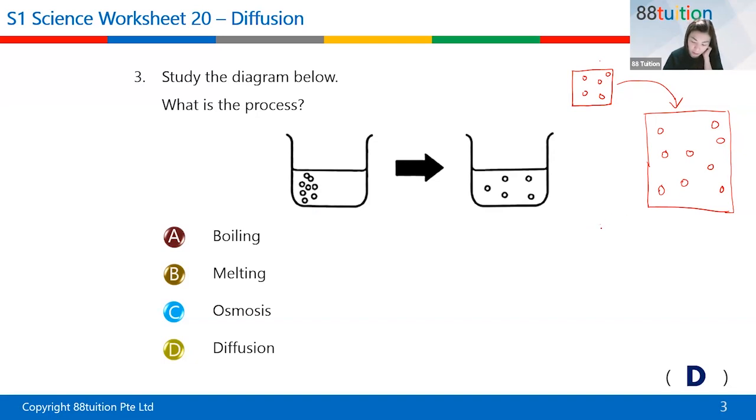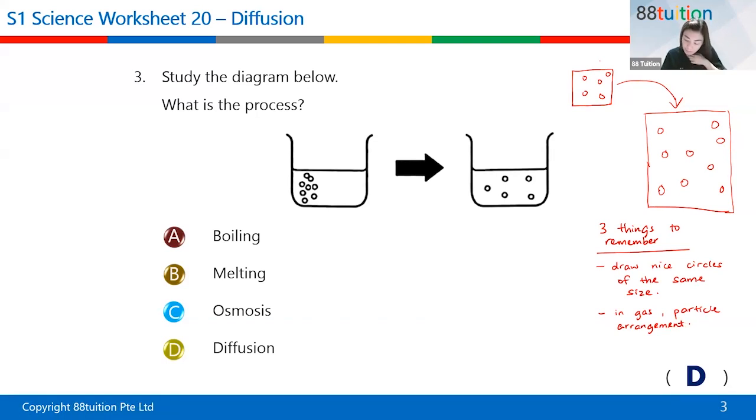There are 3 things you must always remind yourself about particle arrangement. So take note of all these. This will be very useful to you.